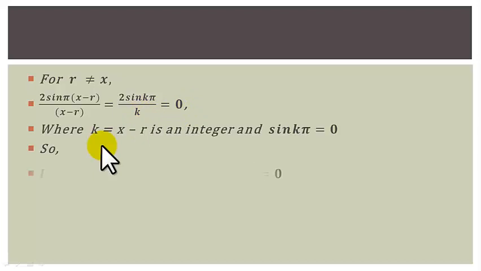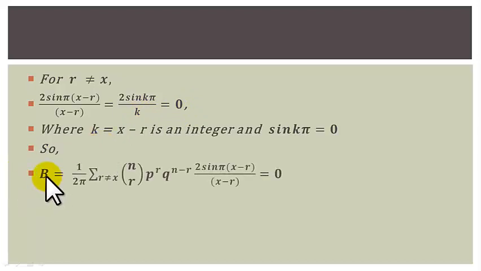So let us call the second part b, equal to 1 over 2 pi, the sum over r not equal to x, n combination r, p to power r, q to power n minus r, times 2 sine pi into x minus r all over x minus r. So this sum will be equal to 0, since we have shown that for r not equal to x, the expression you have here is equal to 0. So the whole of this will be equal to 0.